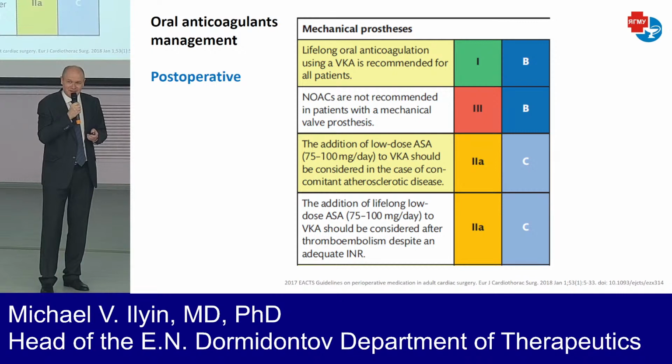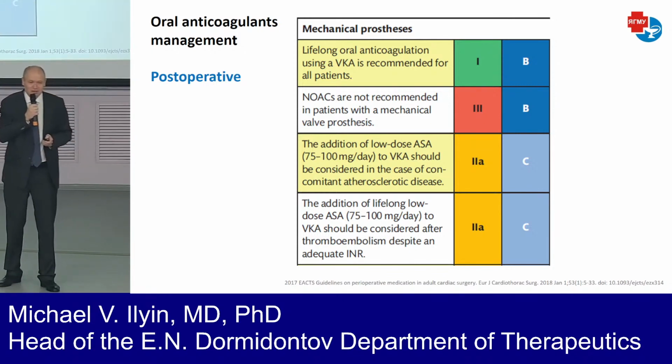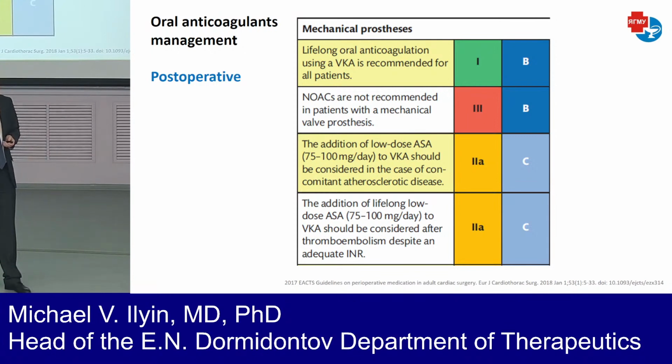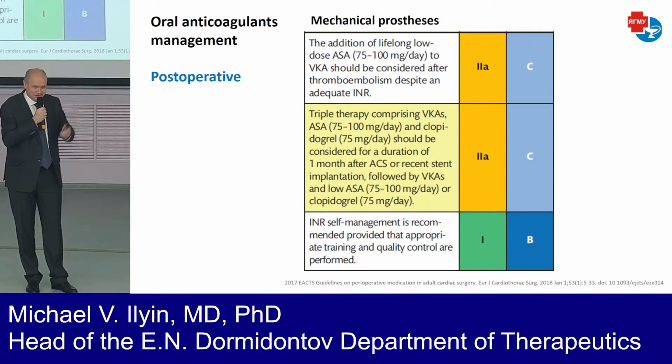This is interesting. Aspirin and warfarin at the same time, 2AC level. And the addition of lifelong low-dose ASA, 75 to 100 milligram daily, to VKA should be considered after thromboembolism despite an adequate INR. Despite an adequate INR. Very interesting.